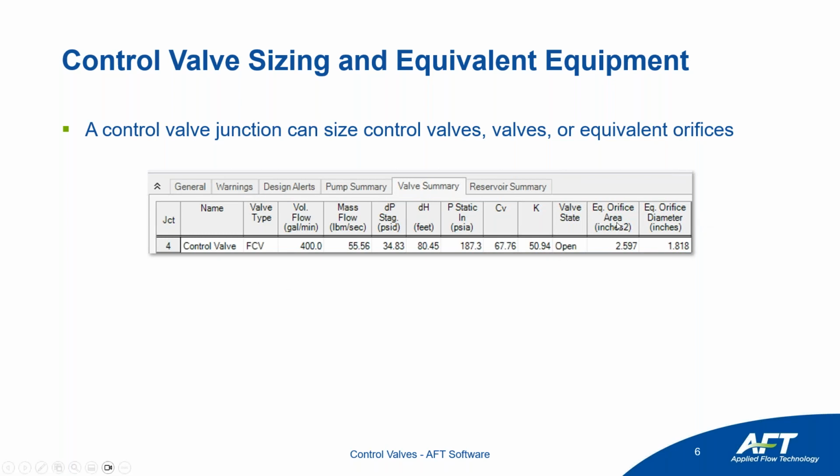We can size these orifices, and obviously an orifice is much less expensive to manufacture, generally probably more reliable because it's just a hole drilled in a plate, and again can be modified if you do need to accommodate other conditions in the future. So we'll go back to our case. Again, we're looking at that 400 gallons per minute. We've already pulled our CV if we wanted to select the valve, and now we'll take a look at this equivalent orifice area.